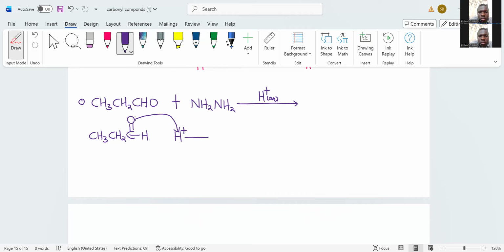So what do we form? We have CH3, CH2, C, double bond with O. O has donated, therefore has a plus. Now I am also bonding it with hydrogen. Then carbon carries hydrogen like that.